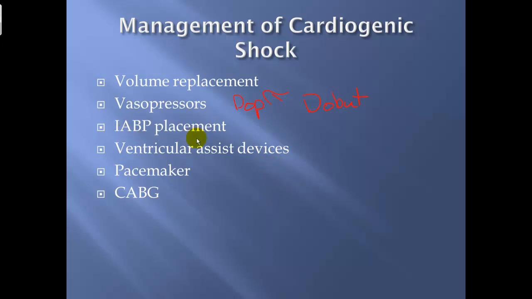Intra-aortic balloon pump placement, my apologies, in which a balloon pump is placed into the aorta and provides counterpulsation. How the counterpulsation works is as the blood is ejected into the aorta, the machine is timed on the dicrotic notch of the left ventricular ejection.